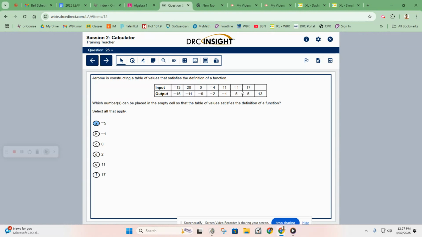Therefore, -1 cannot be an option. 0, there's a 0 here, so it cannot be an input option. 2, there is no other 2, so I can have 2 as an input option. 11, I see 11 right here, so that can't be right. 17 here, so the only correct answers would be A and D.